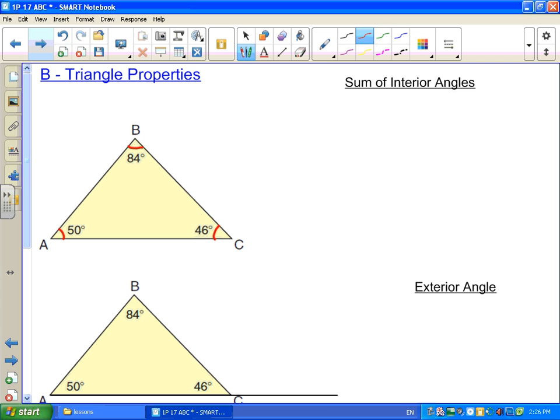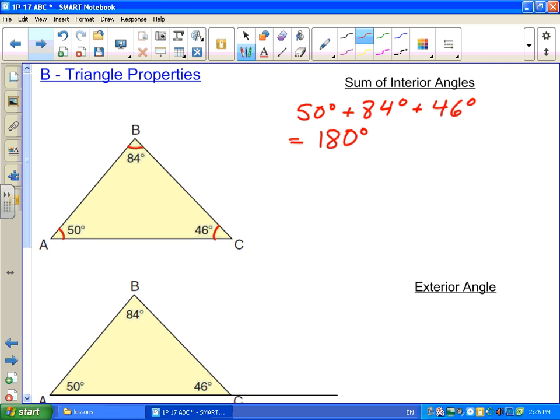If I add these three angles up, 50 degrees plus 84 degrees plus 46 degrees, I get 180 degrees. And this is true of every triangle that you can draw. Every single triangle, if you take those interior angles and add them up, you will get 180 degrees.